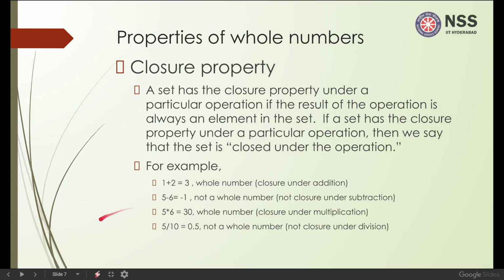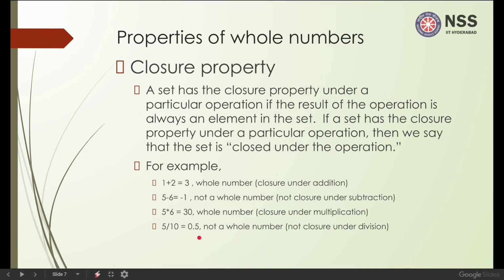Let us try to multiply two whole numbers. If we multiply two whole numbers, 5 multiplied by 6, we get 30, which is a whole number. Therefore, whole numbers are closed under multiplication. Let us try division. If we divide 5 by 10, we get 0.5, which is not a whole number. Why?